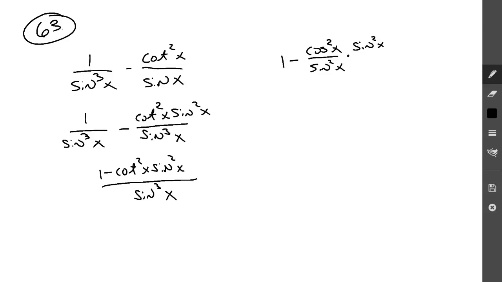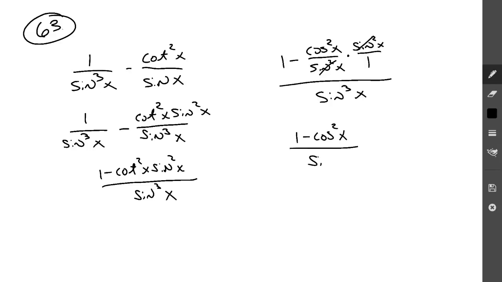And then we have our sine squared over 1, and that's still all over sine cubed. And then what do you see from there? The sine squareds are going to cancel, right? So that's going to get 1 minus cosine squared all over sine cubed.